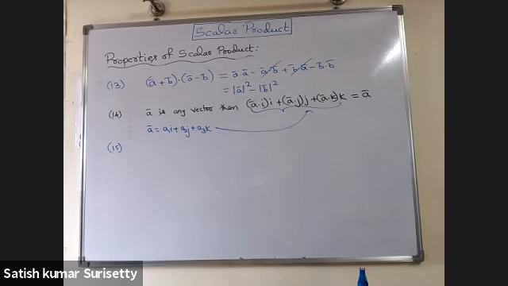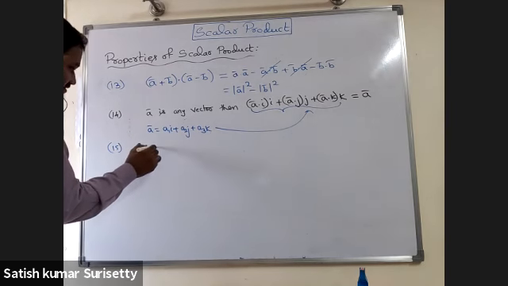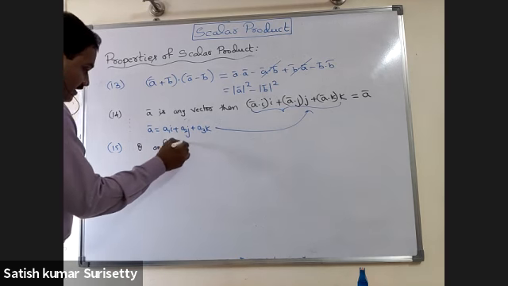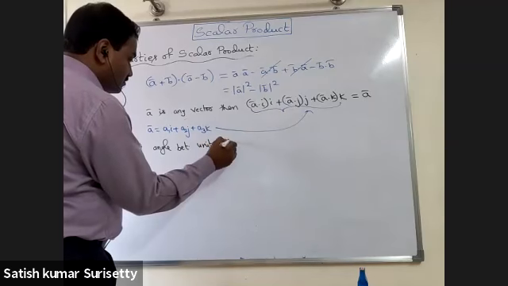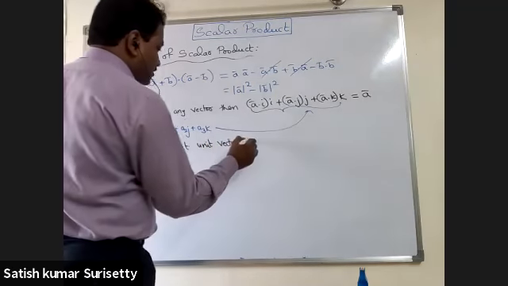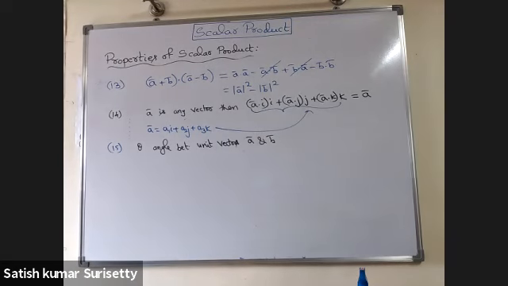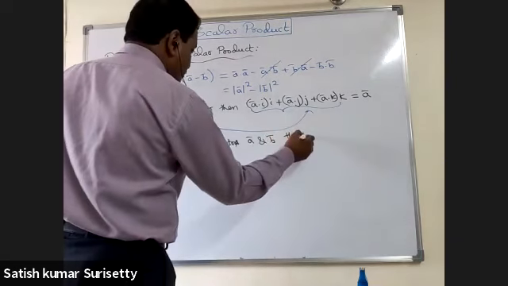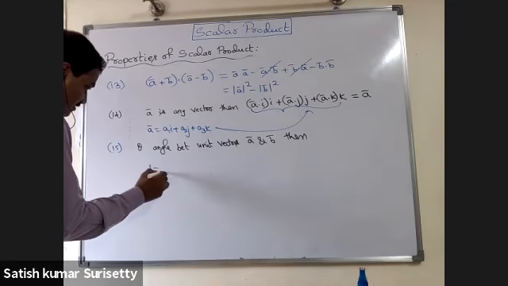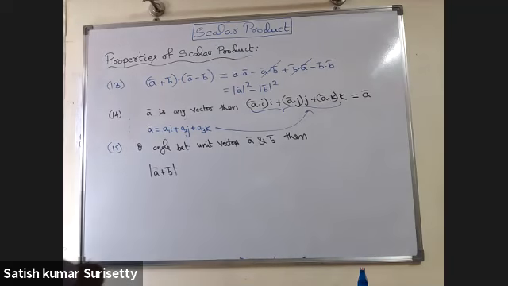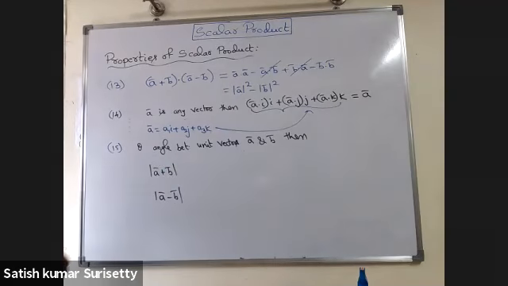Next property. If theta is the angle between unit vectors a bar and b bar, then find modulus of a bar plus b bar and modulus of a bar minus b bar in terms of theta.